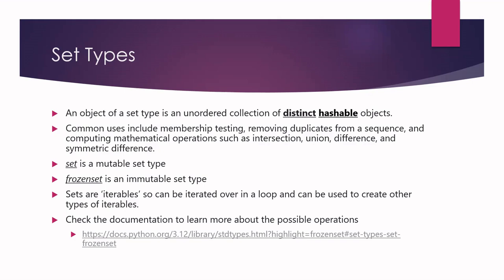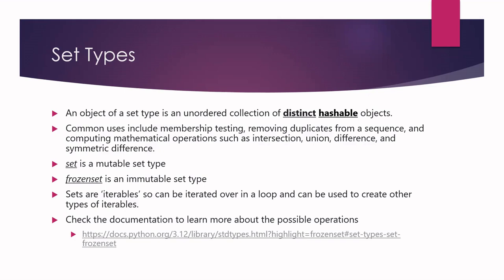What is S2 minus S1? That's the difference, so every element that exists in S2 but not in S1. That's just 5.